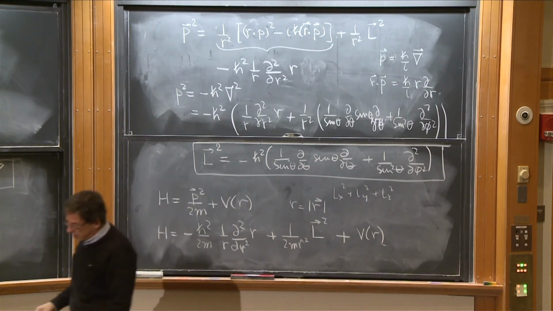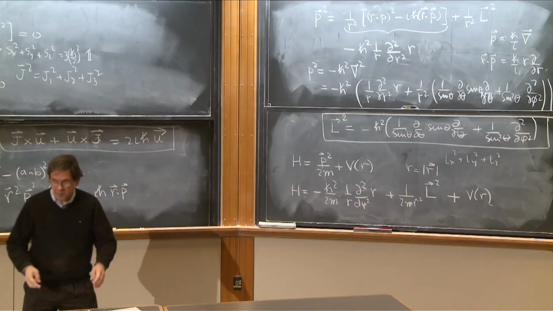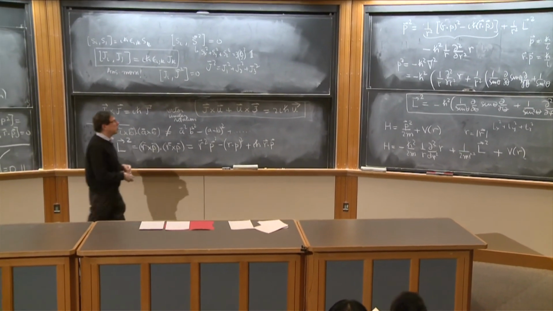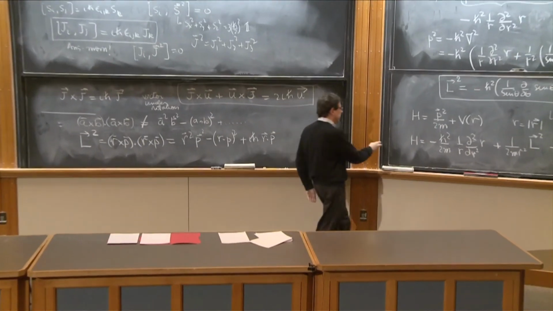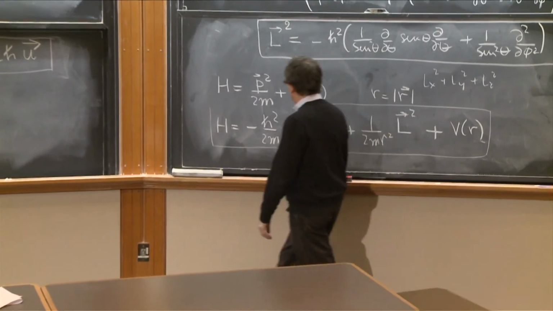So our Hamiltonian has also been simplified. This will be the starting point for writing the Schrödinger equation for central potentials.